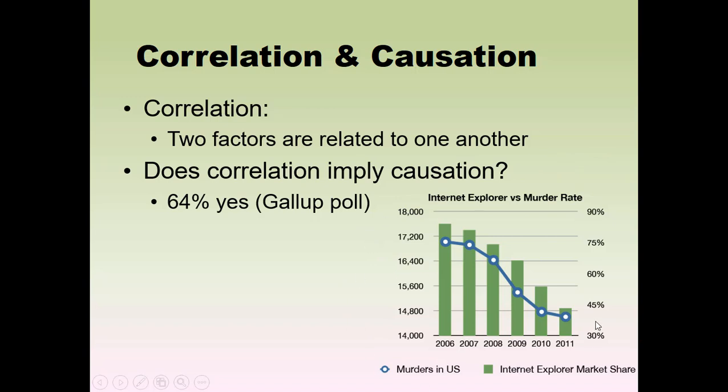These are facts, and try to lead you to the wrong conclusions. And that's why we need to be critical thinkers. We need to think very carefully about the information that's being presented to us and evaluate that information. So keep that in mind in terms of correlation and causation.